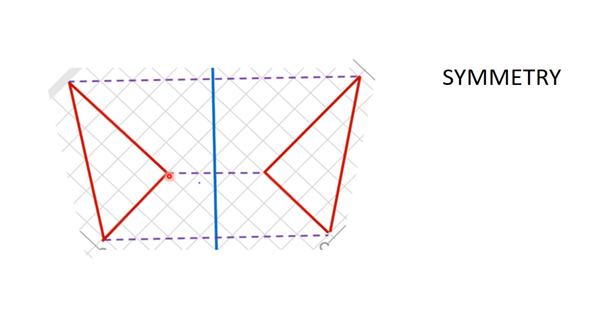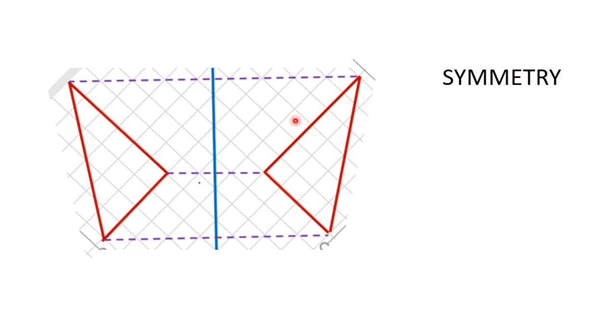This point, if it was part of the object, goes to this point, which is the corresponding part in the image. The same case applies. So this point will lie over this one, and this one over this one. Even this particular line will lie over that particular line. This particular line also will lie over that other line.